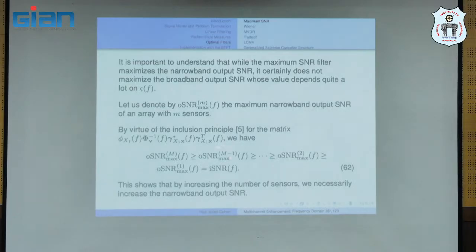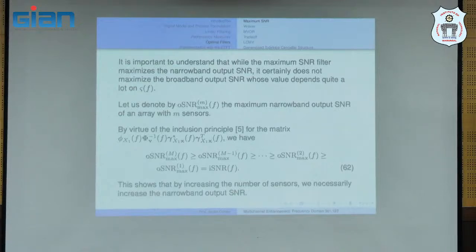when we have M sensors compared to when we have M-1 sensors, we can show mathematically, and this is a nice exercise if you want to prove it, that the output SNR is an increasing function of the number of sensors.